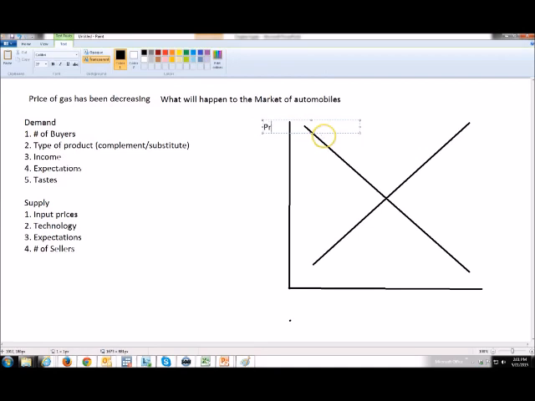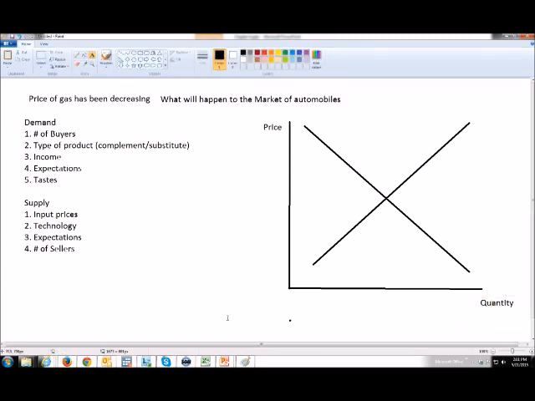So this is price, and this is quantity. So now we have this. Now we want to know, what happens when the price of gas is decreasing? What is going to happen to the market of automobiles? So how do we answer this?